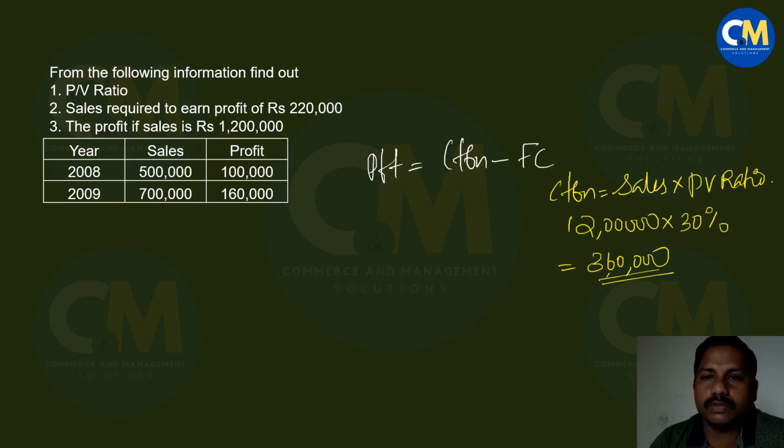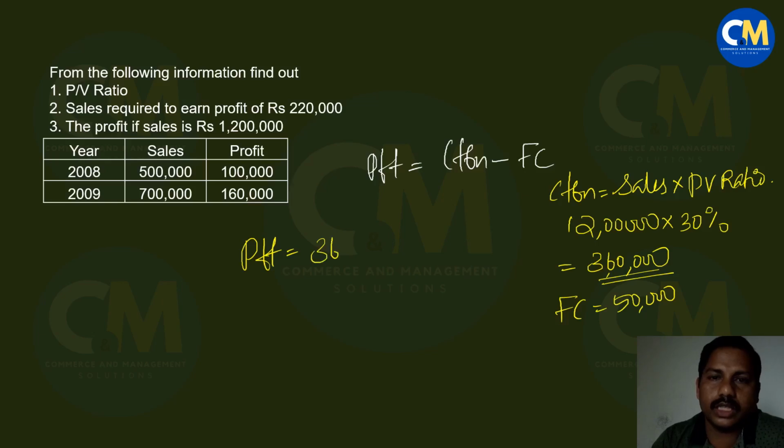The fixed cost we have already calculated is 50,000. Applying this, profit is equal to contribution minus fixed cost: 3 lakh 60,000 minus 50,000. So profit is equal to 3 lakh 10,000.